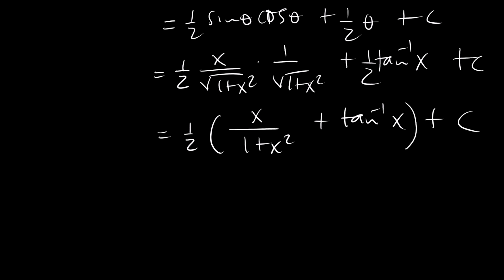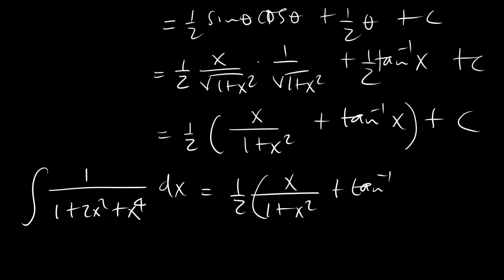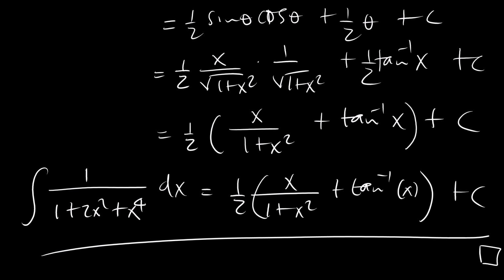So we mean that our integral of 1 over (1 plus x squared) to the fourth is equal to a half times x over 1 plus x squared plus the arctangent of x, plus c. And that is our answer.